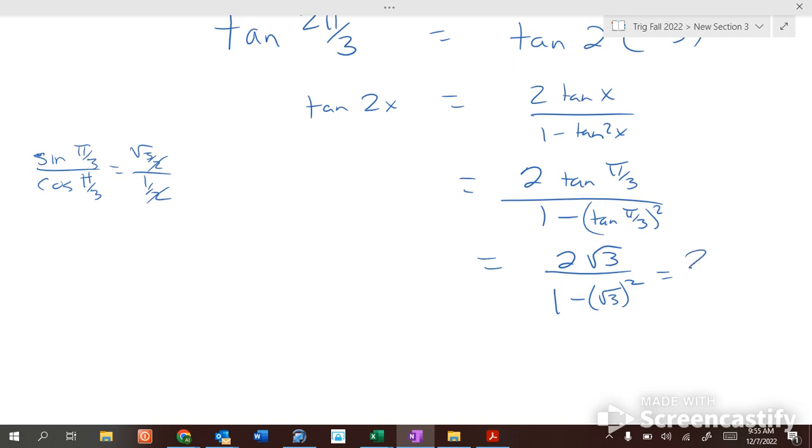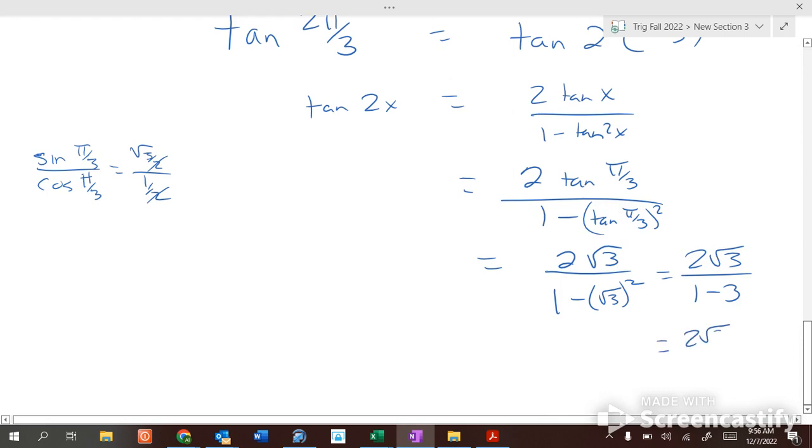You good? So it's 2 square root of 3 over 1 minus 3. So it's 2 square root of 3 over negative 2, which is negative square root of 3. Okay? Can you do this?